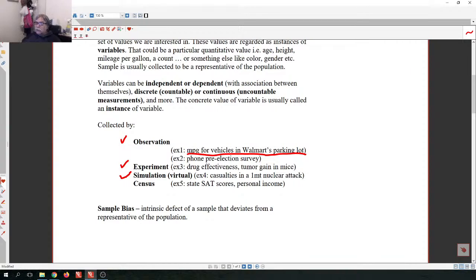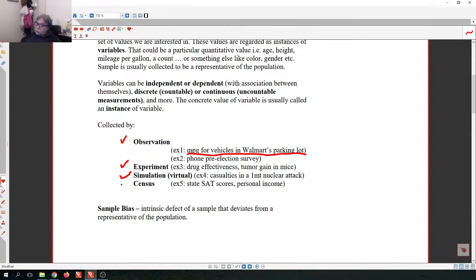Then we would probably make a simulation using a computer program, and collect the data based on the results of that computer program. That would have to take into account many different things that would happen in a realistic situation, such as climate, topography, the density of the population, and so on. So the main difference here is that the data collected by simulation is virtual, it's not real.